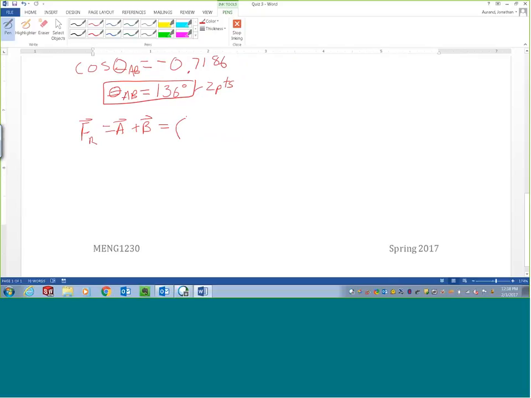So we have our I component from A is 60 plus our I component from B, which is negative 20 in the I direction, plus our J component in A is 30 plus our J component in B is 10J, plus our K component of A, negative 40, plus 30K from B. So then FR, the vector, equals 40I plus 40J minus 10K.